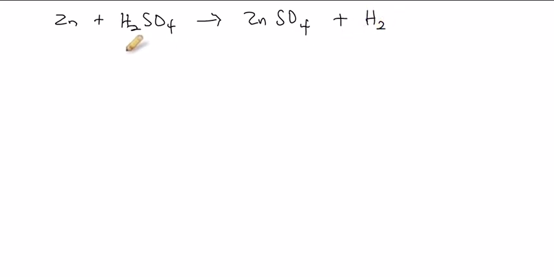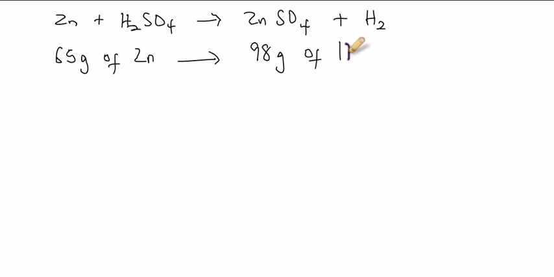We have zinc plus H2SO4 to give zinc sulfate plus H2. So now based on this equation, 65 grams of zinc will react with 98 grams of H2SO4.